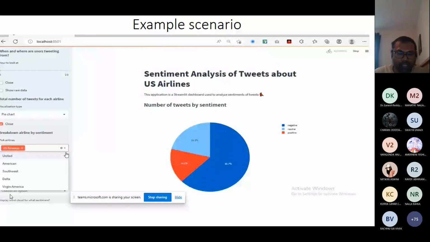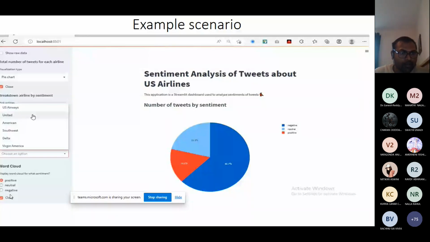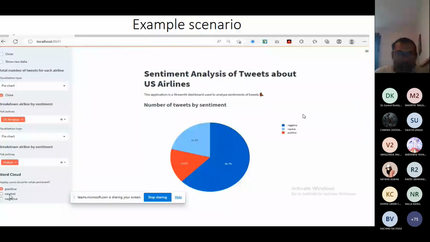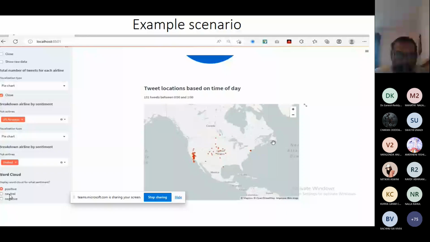Here I have taken the default of US Airlines sentiment analysis of tweets about US Airlines. We can get the geolocation of those who are tweeting. We are getting the location also there.